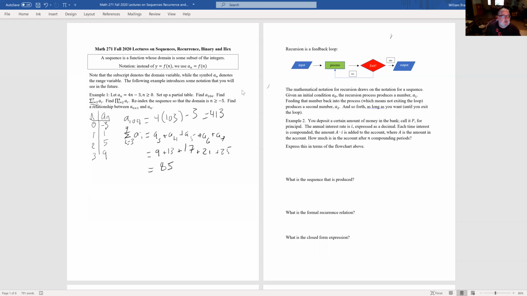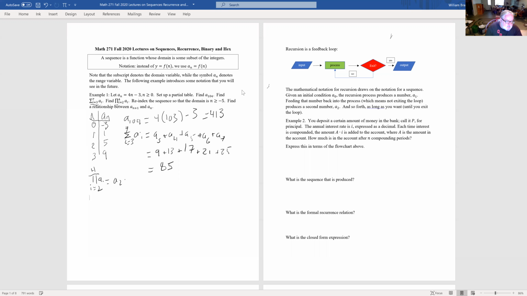It stands for sum. A capital P, like this, that stands for pi. That's a capital pi, and that means that I want a product. So pi from i equals 2 to i equals 4, and that's an i, should have a little dot over it, of a sub i. What does that mean?